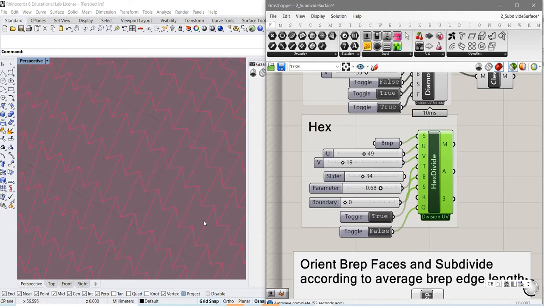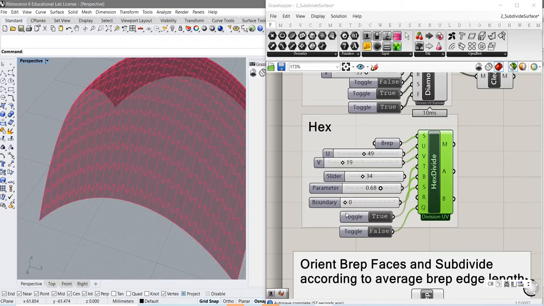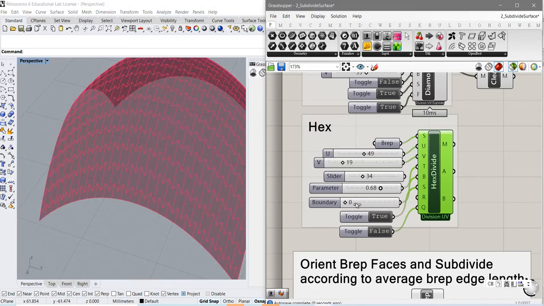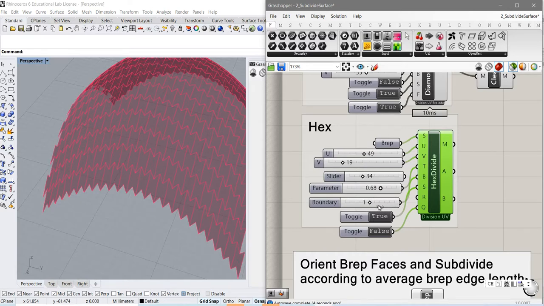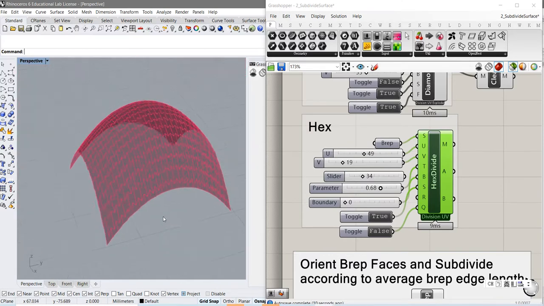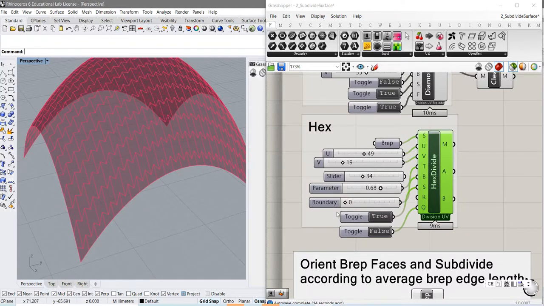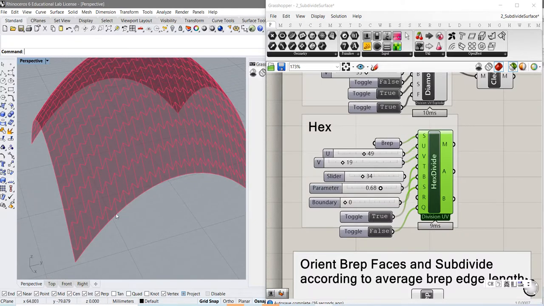And the boundary, okay, you can choose one of three ways of dealing with the boundary situation. For this hexagonal pattern, you have three different ways based on the UV direction. 0 means you have this kind of smooth boundary for both the U and V direction.